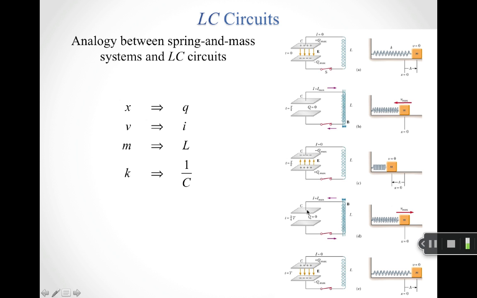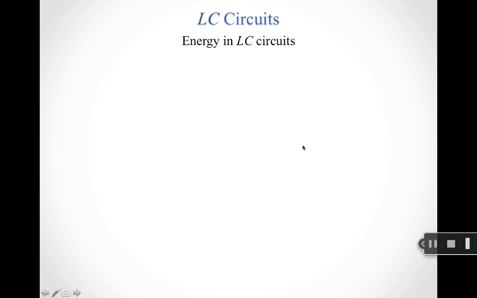Again, it will reach a maximum value when there's no charge on the plates, and then the charge will begin building back up on the plates in their initial polarity until they reach a point where the plates are fully charged, the instant where the plates are fully charged and there's no current again. So this is how our spring and mass system is oscillating just like our LC circuit.